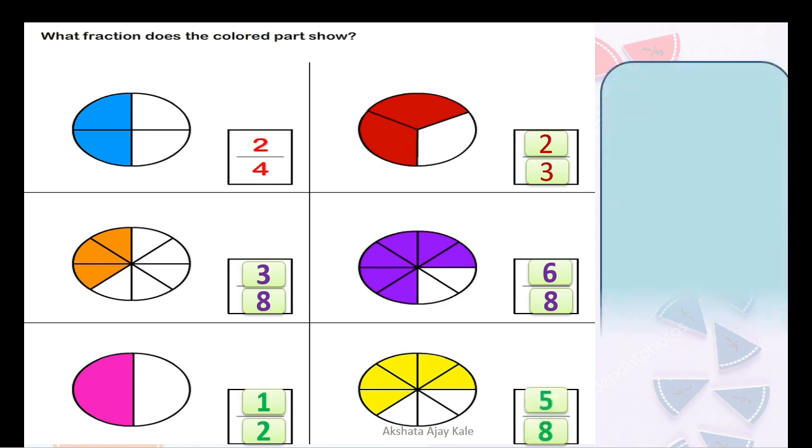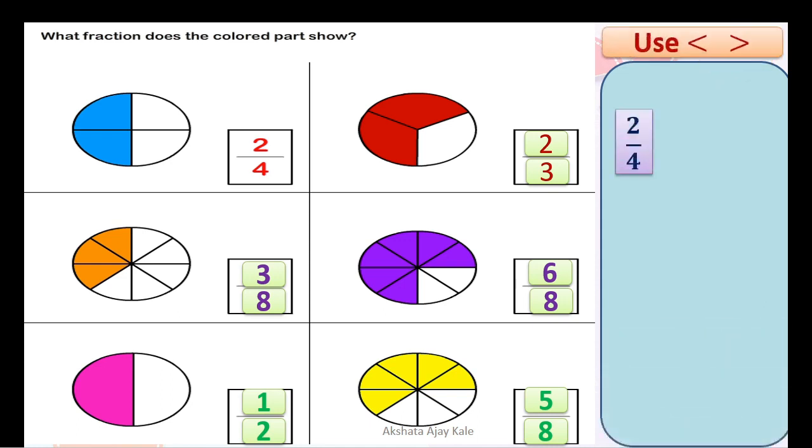Now we will use smaller than and greater than symbols for these. Yes, here 2 upon 4 is smaller than 2 upon 3. See the colored portion, correct? This is more.